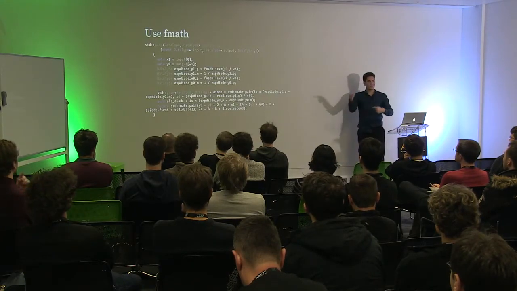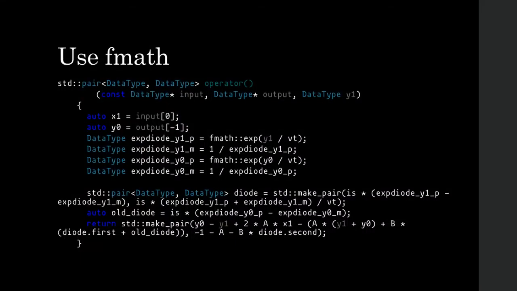That's how I can get back to what I said before, that exponential here. So instead of using std, I'm using fmath. That's something that is actually used in lots of domains, even at my work. It's another way of computing the exponential, using SIMD, so it can be vectorized and all that stuff.